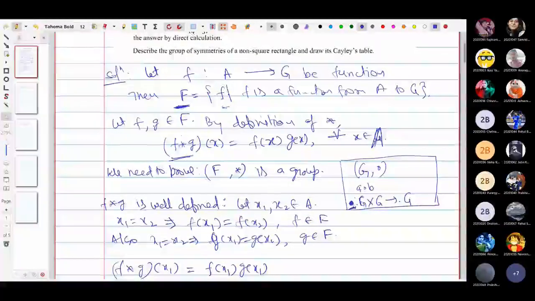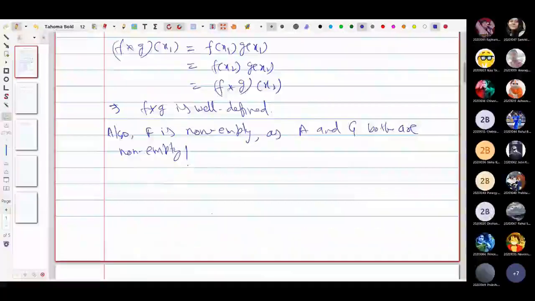For star to be well defined, that operation must be well defined. In the last step, we proved that f star g is well defined. Now the other star is also function composition. This is also well defined.